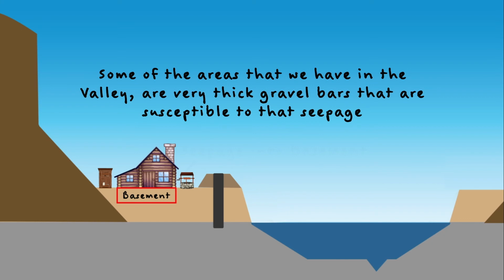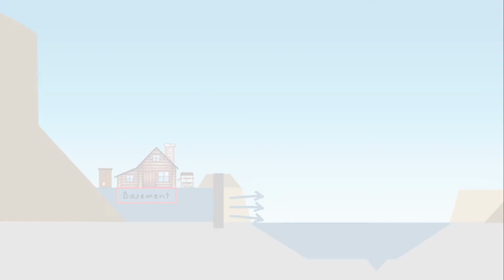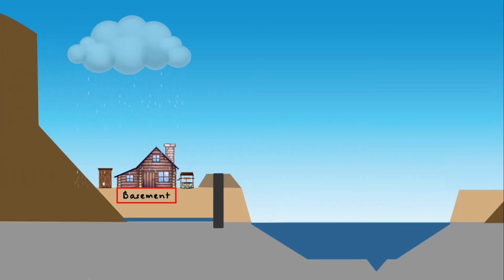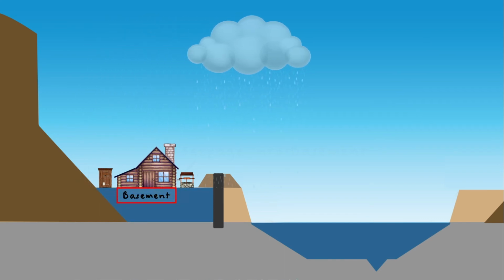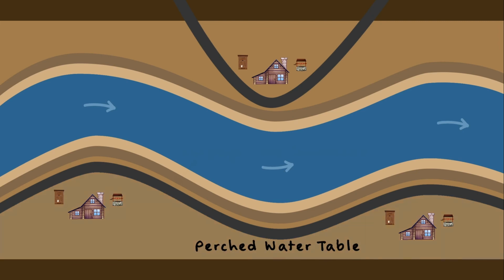Some of the areas that we have in the valley are very thick gravel bars that are susceptible to that seepage. But the biggest challenge of all is, if we build this cutoff wall, we can't drain the water through it. So we would have a rainfall that falls in here that eventually would fill this whole area with groundwater and create what we call a perched water table in this whole area.